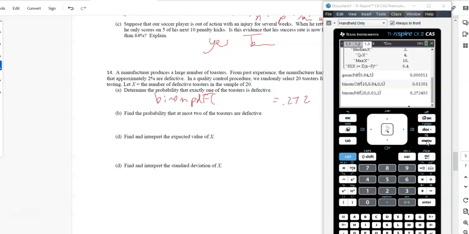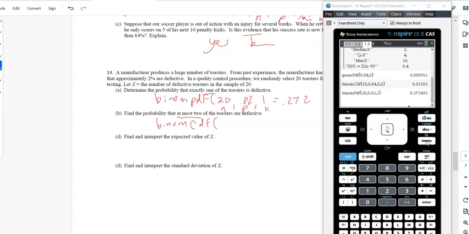So this was 20, 0.02 and 1. So this is N, this is P, and this is the number, like K, the number of successes there. Find the probability that at most 2 of the toasters are defective. So at most 2, so this is a range of values. So this is still binomial, but it's now binomial CDF.